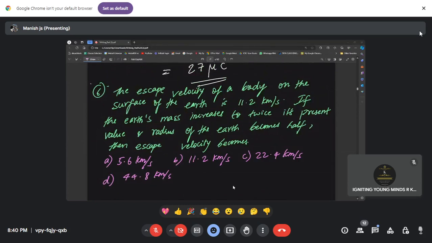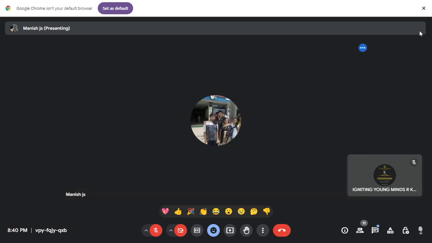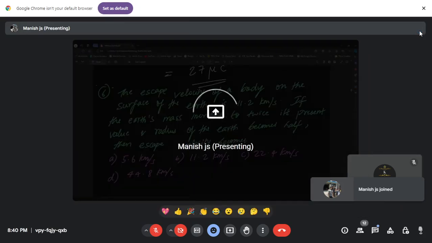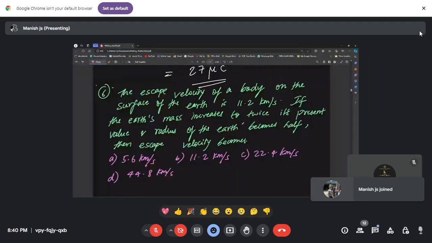So here in this question, one second, children, let me reshare it. Yeah. So based on the question, what are they saying? They are saying that the escape velocity of the body on the surface of the earth is given. Now they have just made a small change here.